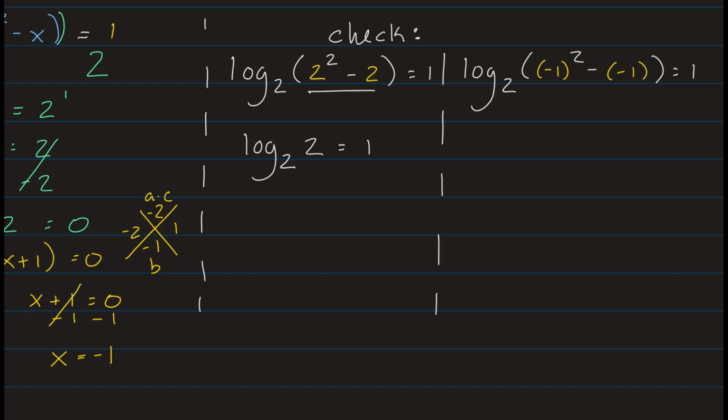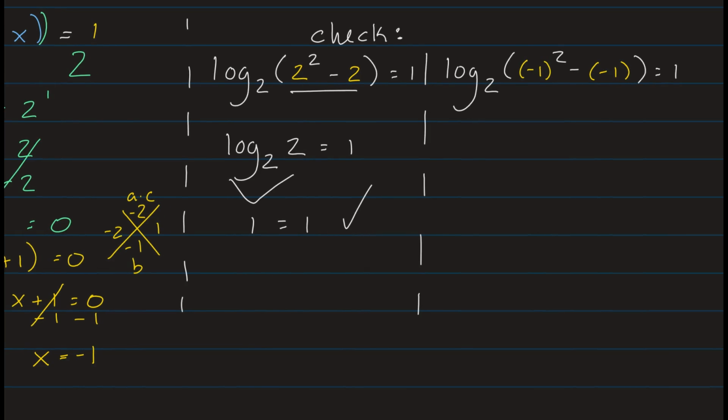We ask ourselves, what power do I raise 2 to equal the argument 2? I raise 2 to the power of 1 to equal 2. So log base 2 of 2 evaluates to be 1. And that is equal to our right-hand side, so that is a valid solution. The 2 that I plugged in at the top here is a valid solution.